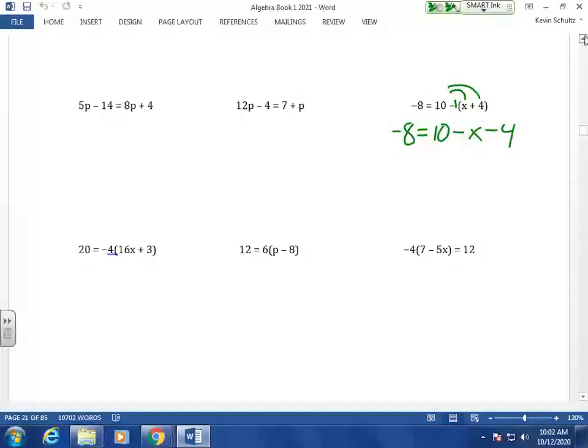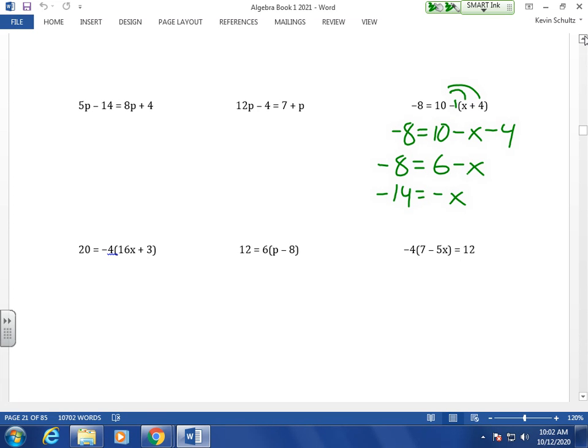Now we can combine some like terms. Negative 8 equals 6 minus x, just 10 minus 4 gives us 6. Subtract 6 from both sides, get x by itself, but it's not by itself. What's our last step that we need to do here to get x by itself? William? Miranda?